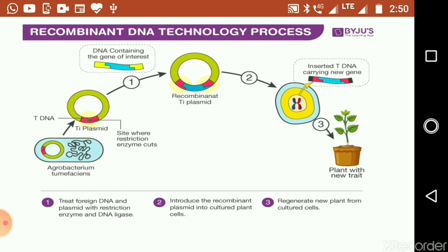And when the T-DNA carrying the new gene is inserted into the plant, the plant expresses the new trait. So this is how the desired character we can get into another plant which we want to express.